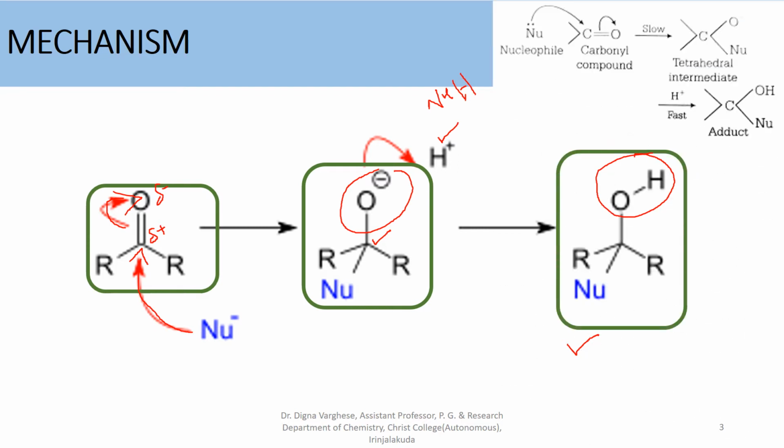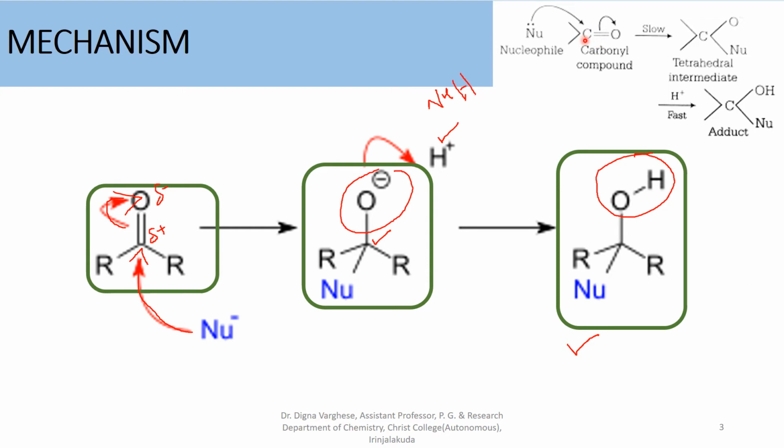The mechanism again tells us the nucleophile, which has a negative charge, attacks the carbonyl group C=O, which is slightly positive due to the electronegative oxygen atom. The electrons are shifted to the oxygen atom, and the nucleophile attacks the carbonyl carbon.